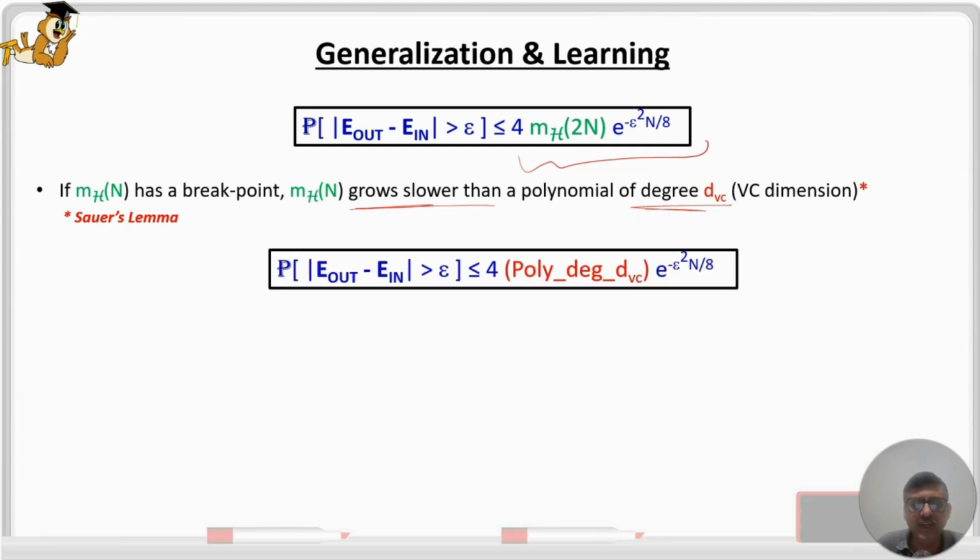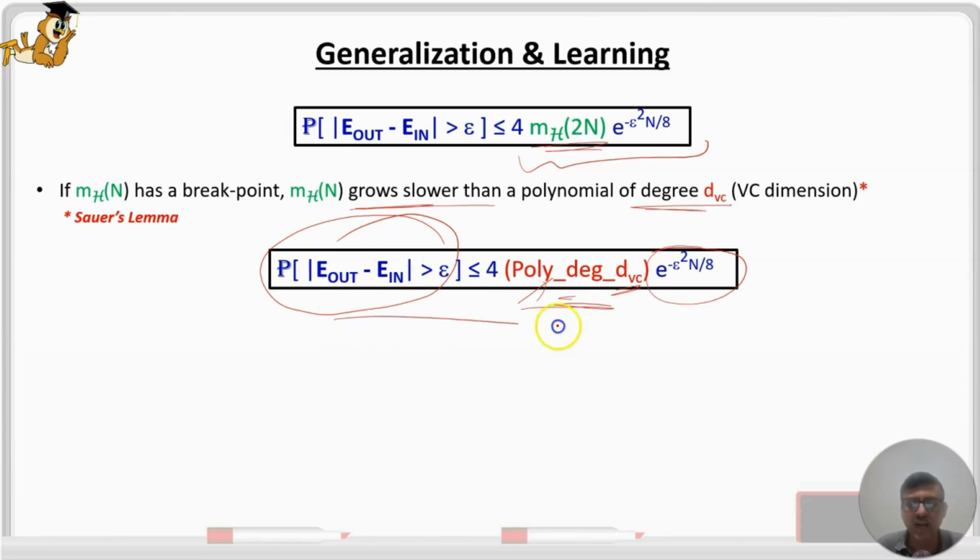And therefore we can say that the probability of a bad event over a set is upper bounded by 4 times a polynomial of degree d times this quantity. I'm replacing this with this because this is less than this, and therefore this inequality would continue to hold.